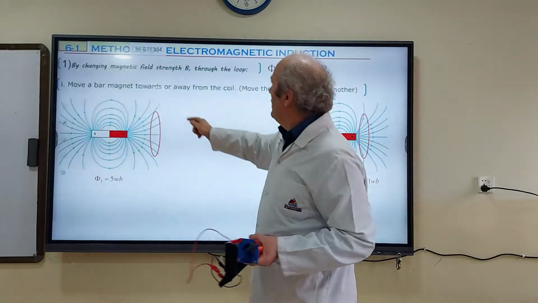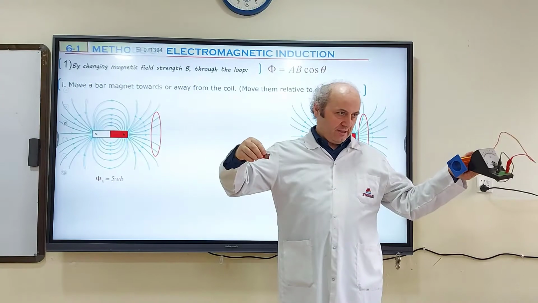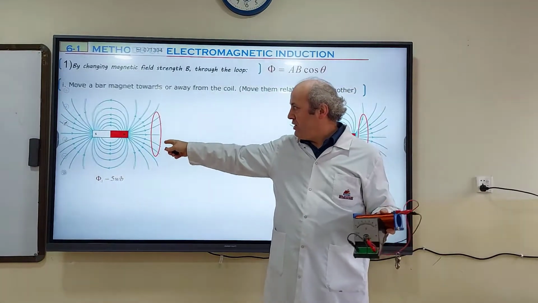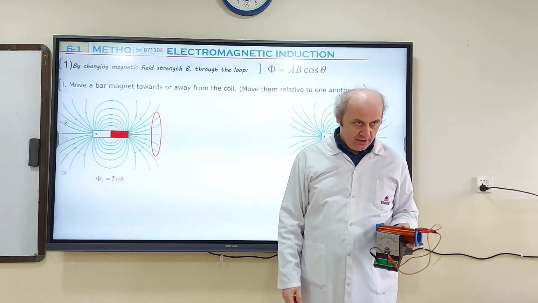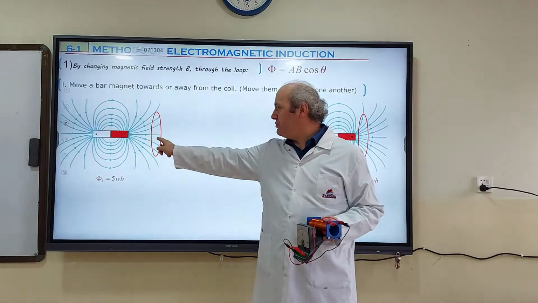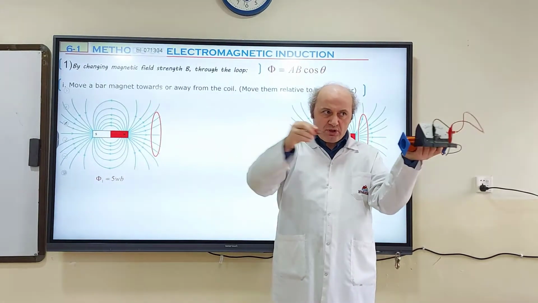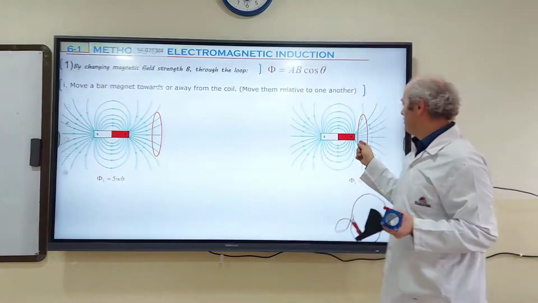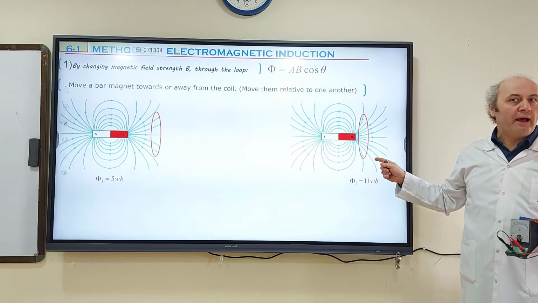How? Okay, when the bar magnet is away from the coil, just like this case, the number of lines crossing the area is less. How many lines are crossing the area of the loop now? Yeah, 1, 2, 3, 4, 5. Five in this case. But when I make it closer like this, in the second case, more lines are crossing the area.